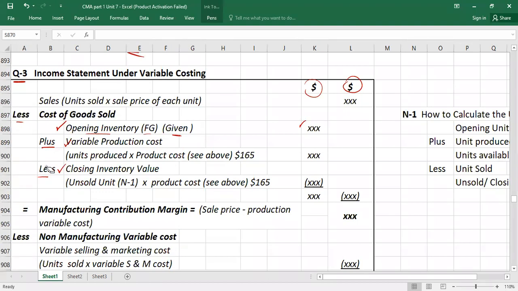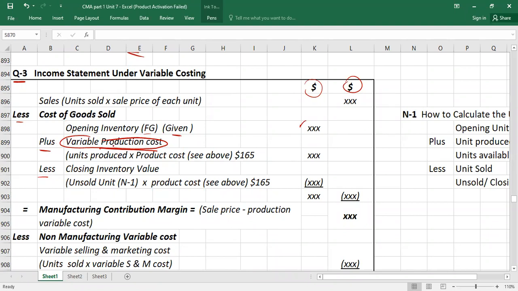But here you want to write it plus what? Which cost? Production. I'm highlighting production because we know under variable costing, in production cost we have only three costs. Which ones? Direct material, direct labor, and variable overhead. So simply, how can I calculate? It's written here plus variable production cost, because under variable costing, marginal costing, variable production cost is the only product cost.